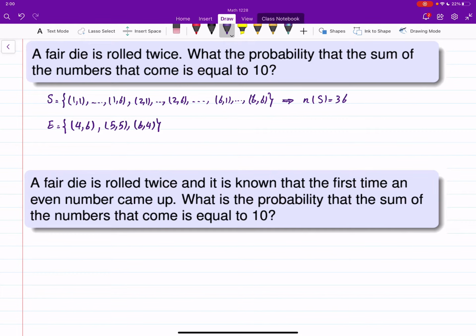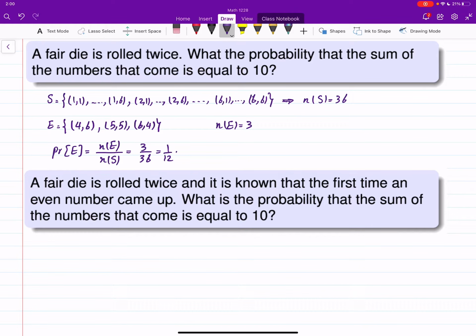These are only three possibilities that the sum is equal to 10. So n of E for that sample space is going to be 3. Then, for equiprobable sample spaces, the probability is n of E divided by n of S, which is 3 over 36, 1 over 12. It's a simple case, yes?